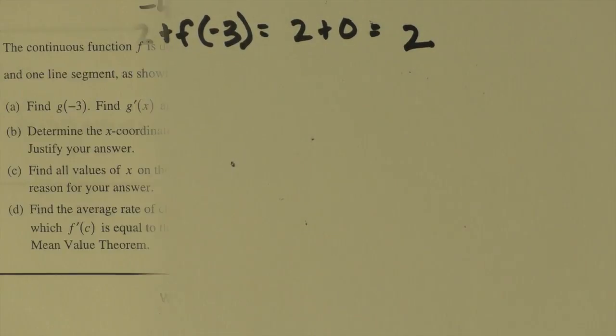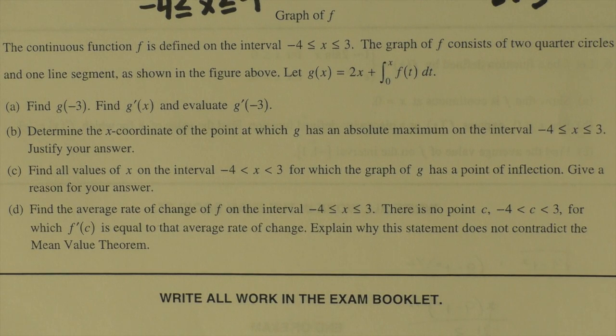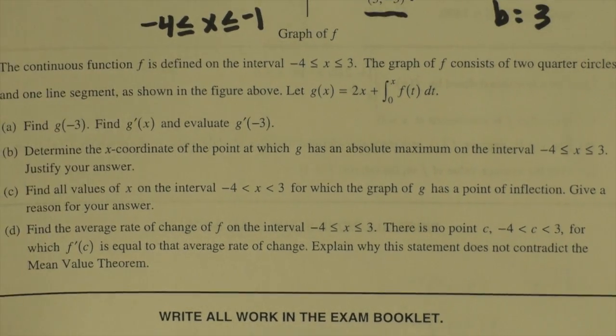Part B of the problem: we need to determine the x-coordinate of the point at which g has an absolute maximum on the interval of -4 to 3. Justify your answer. To do this, we need to use the first derivative test. First, we need to solve for the critical values.